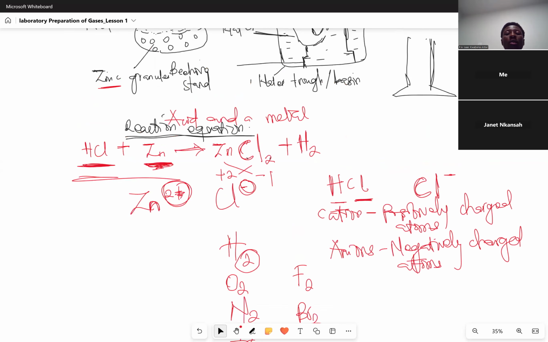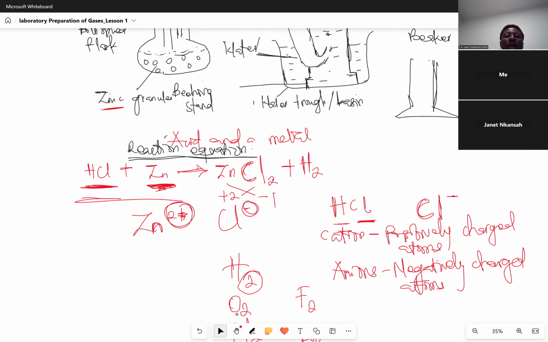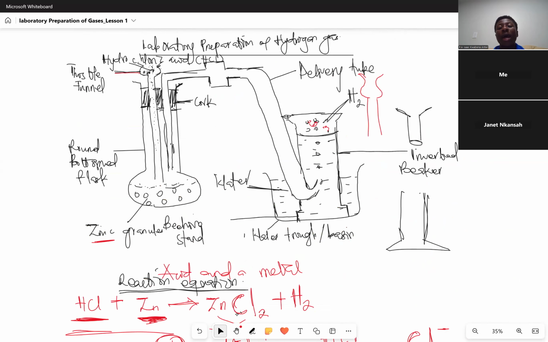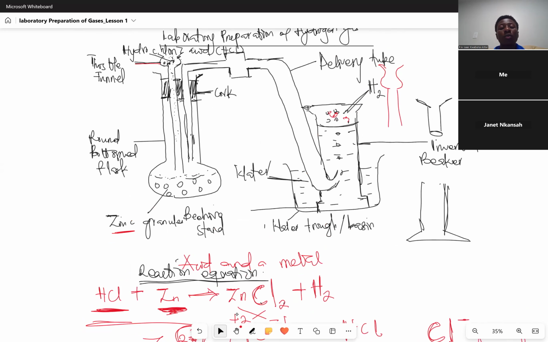We've not started balancing yet, so I presume you're talking about the writing of the chemical equation. You see, there's a setup used in a lab to prepare hydrogen gas. It comprises a list of laboratory apparatus. There's a way we do it, and it's indicated in the diagram we've drawn. There are certain chemicals we mix.